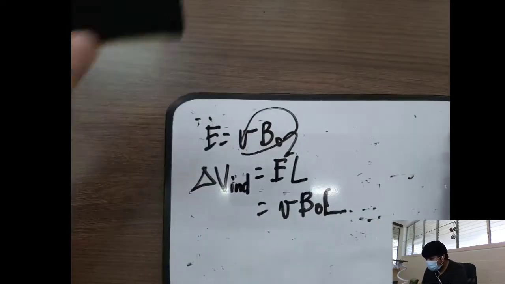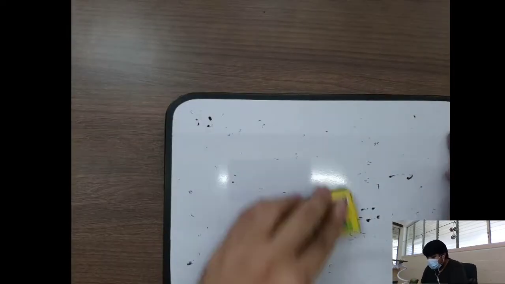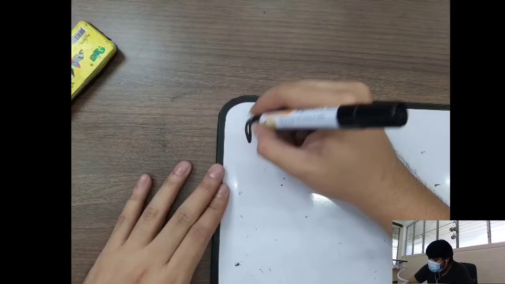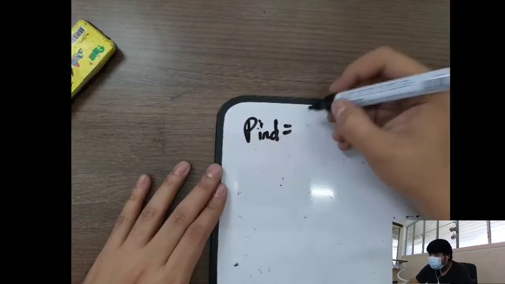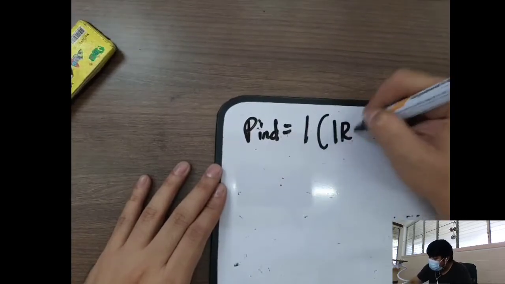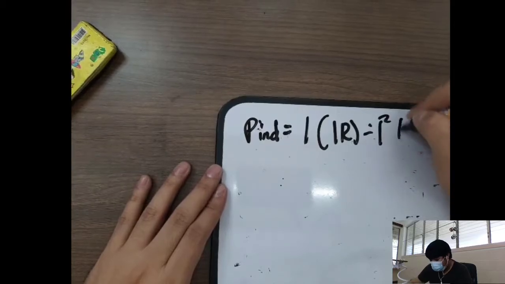Therefore, the induced power is I multiplied by IR, or I squared R, simply speaking.